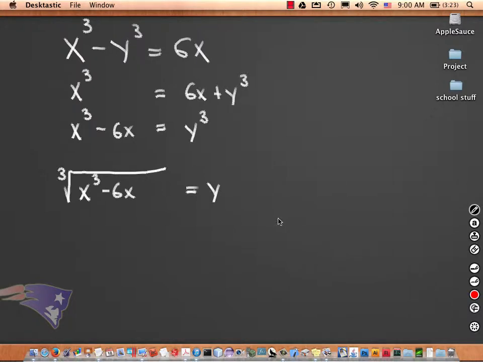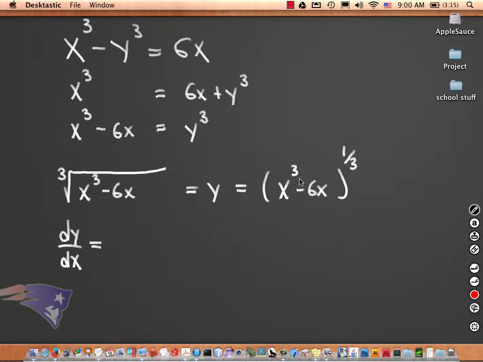That's exactly right. Now let's differentiate that. Let's find dy dx. First, you have to use the chain rule. That's correct. We need the chain rule.